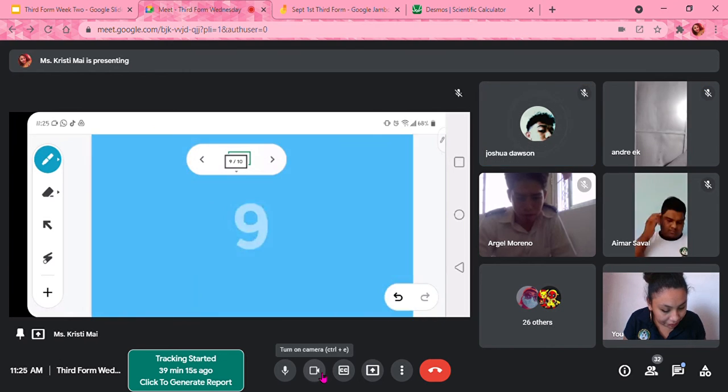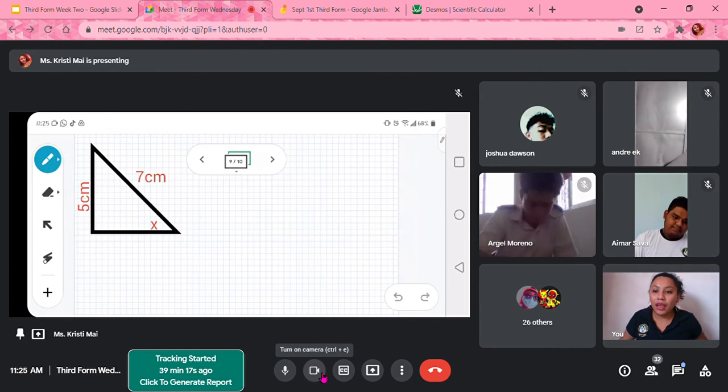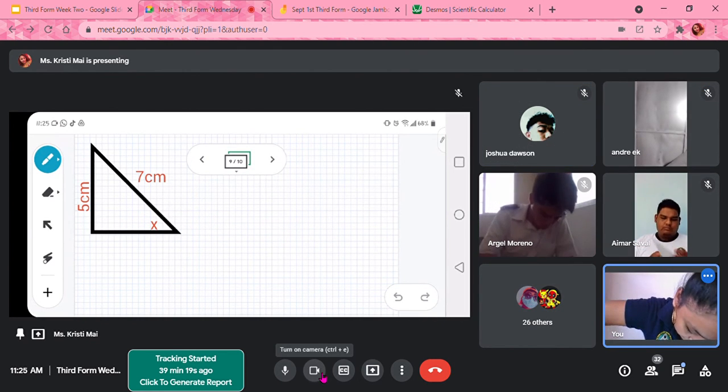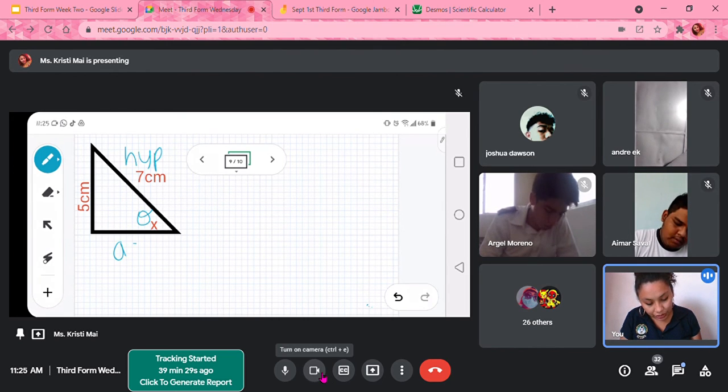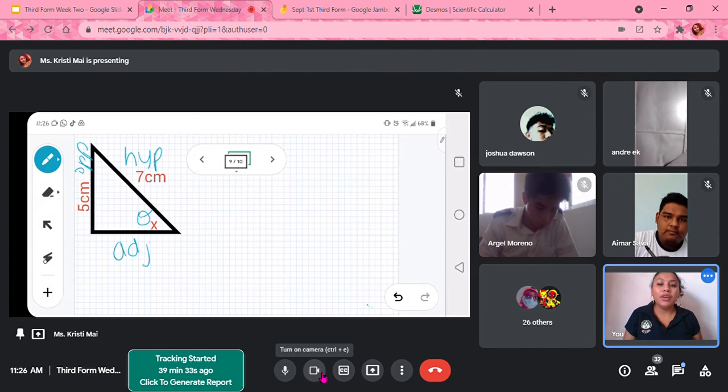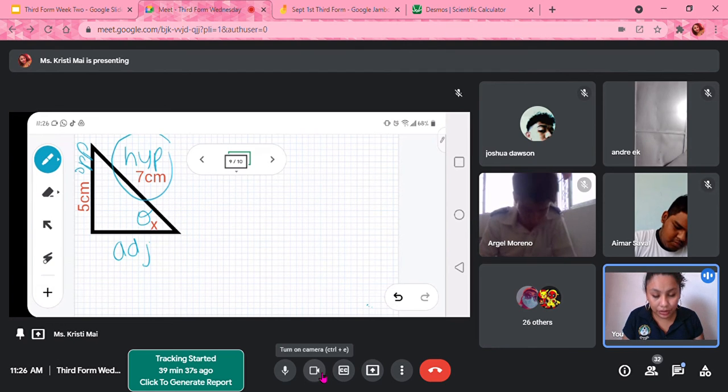In this one now, I have theta over here. I have hypotenuse here, adjacent here, and opposite here. For this question, I am using the hypotenuse and the opposite. So what formula has opposite and hypotenuse?